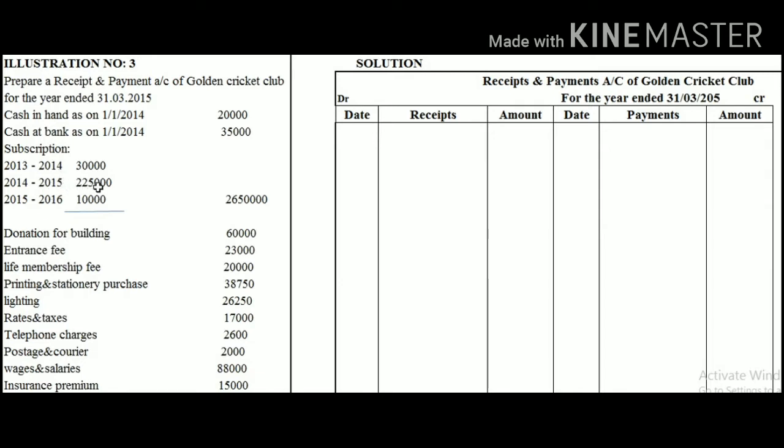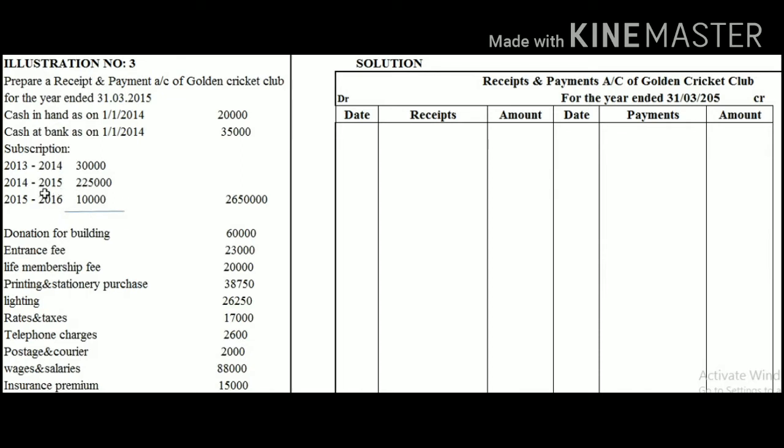Here we have to prepare the receipt and payment account for the year ended 31st March 2015. The subscription related to the previous year, 2013-14, is 30,000, the current year subscription is 2,25,000, and the future year subscription is 10,000.